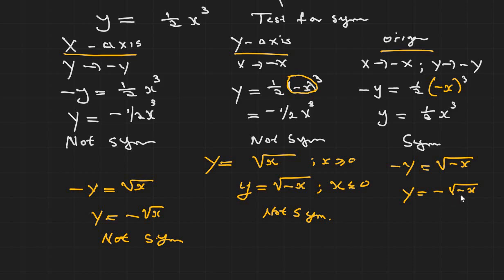Remember, you cannot take a negative into a square root or take it out of there. So the point is, again, this x will be less than 0 here for it to exist. But for now, at the moment, it is not symmetrical. It's not symmetrical. Right, so this is then all about testing for symmetry.